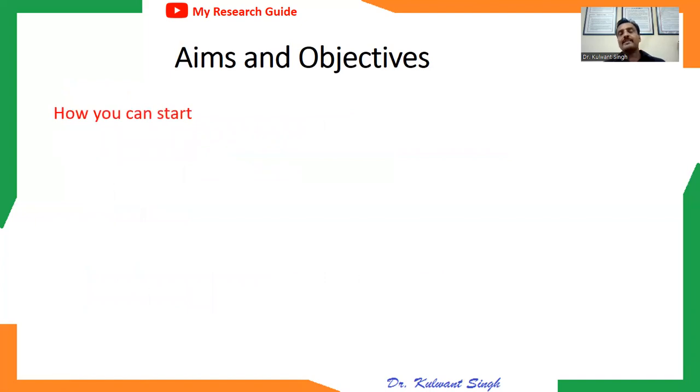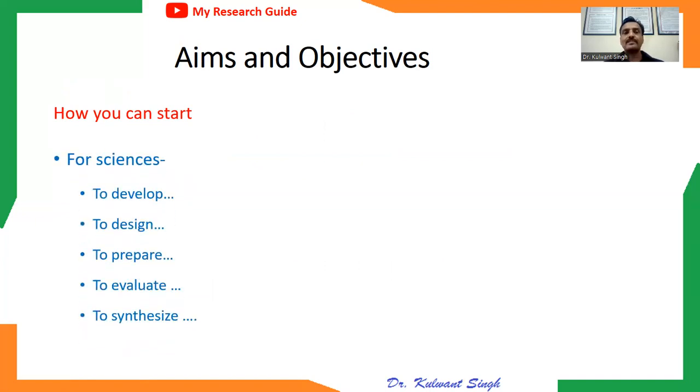How can one start writing the aims? There are a few suggestions. So for the science stream, our aim, we can start like this: to develop, to design, to prepare, to evaluate, to synthesize.